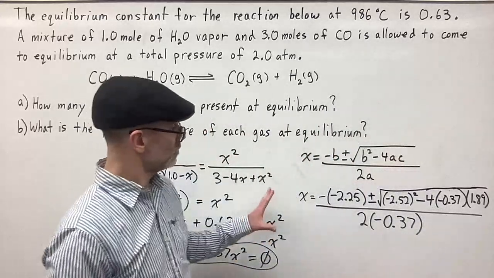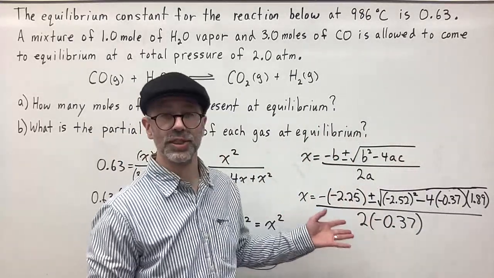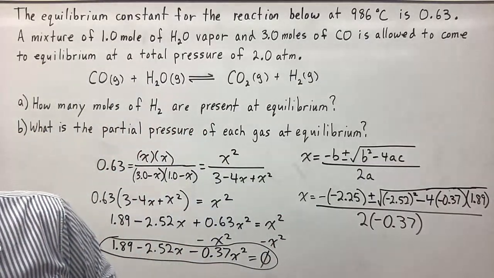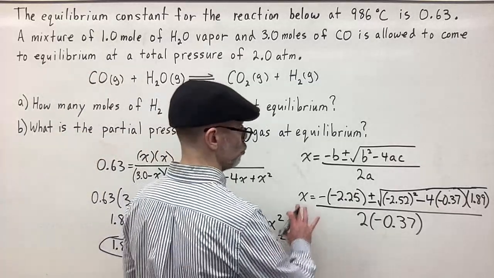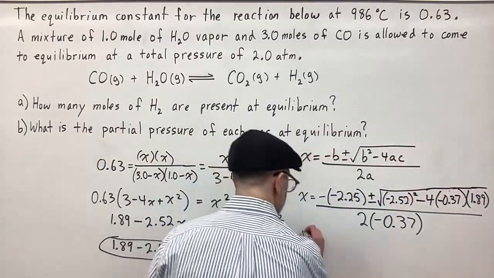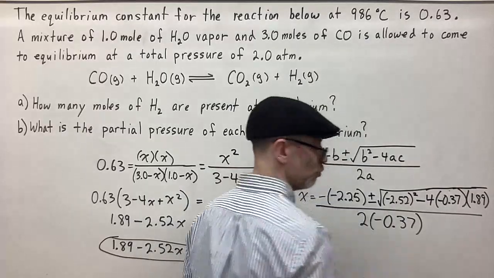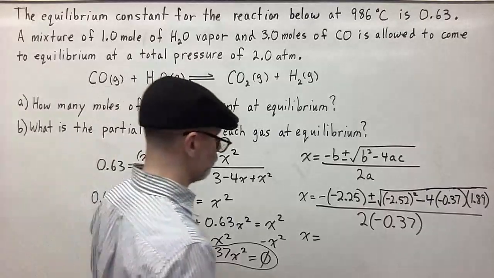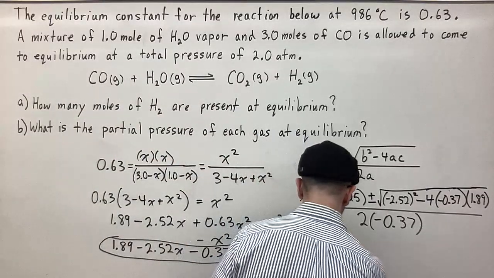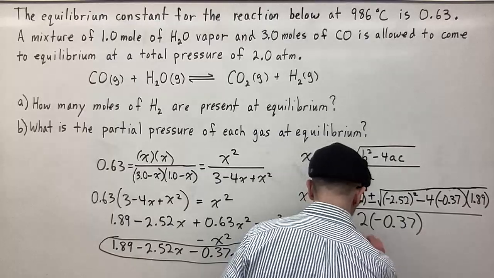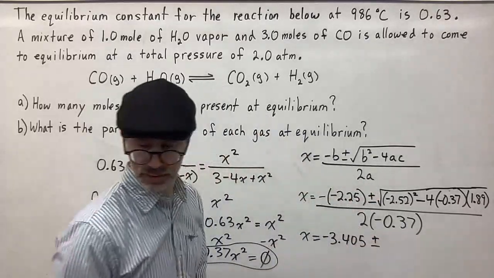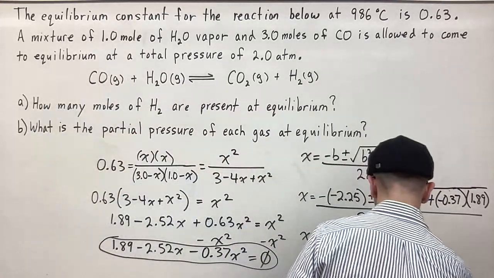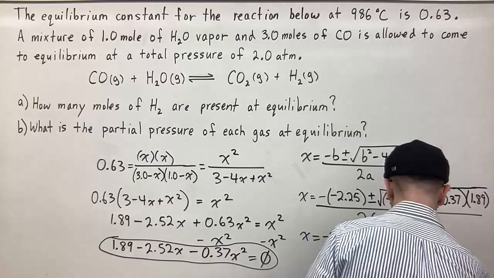Okay, so now that we have everything plugged in, all we have to do is multiply and divide and all of that. And so I'm not going to follow each step. So when you do the multiplication and division and all that, you're going to get x is equal to negative 3.405 plus or minus 4.087.